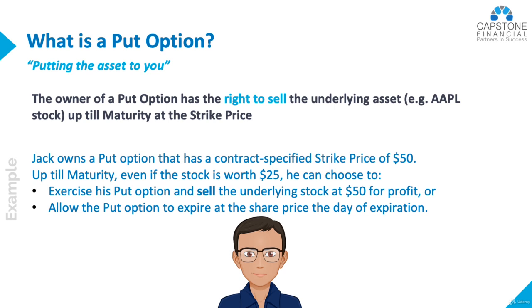What most trading plans and most investors will use call options for, to hedge against the risk of shorting a stock in a portfolio, is this: as Apple stock moves higher, the call option that we own will move higher as well, thus hedging against the risk of Apple stock moving higher and us having to buy it back at a loss.